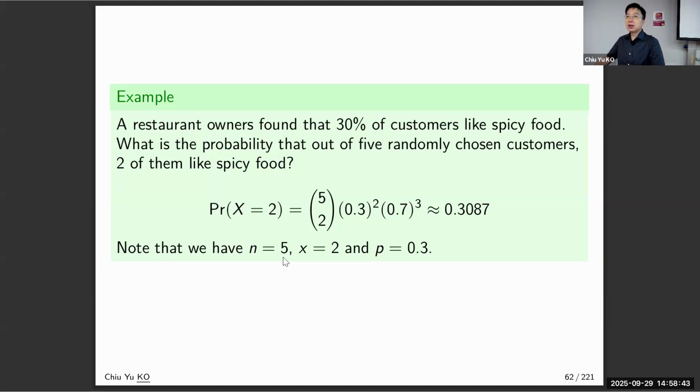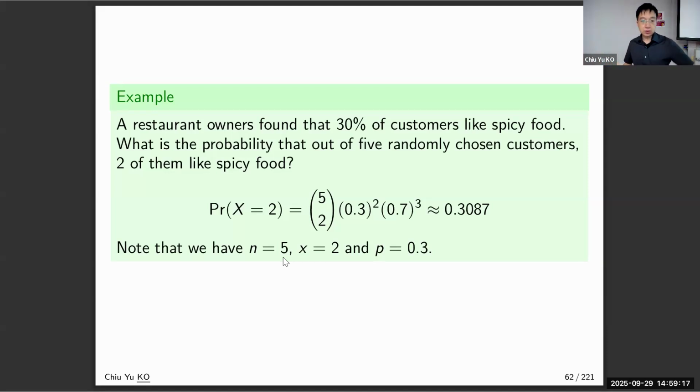Why do you care about that? Because maybe he runs out of spice in his restaurant and needs to buy it, or the spice has to be prepared in advance. You can't wait until the customer comes and then do the process. You have to use probability to see how many to prepare. You can't do it just in time, because it's not like putting the food in the microwave and you're done. You have to prepare it freshly. So that is very important.